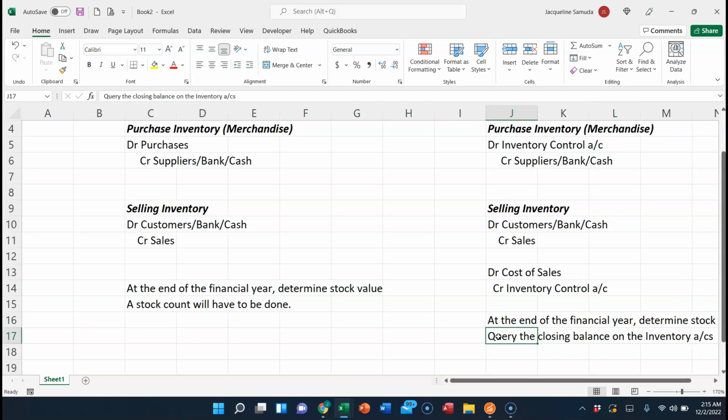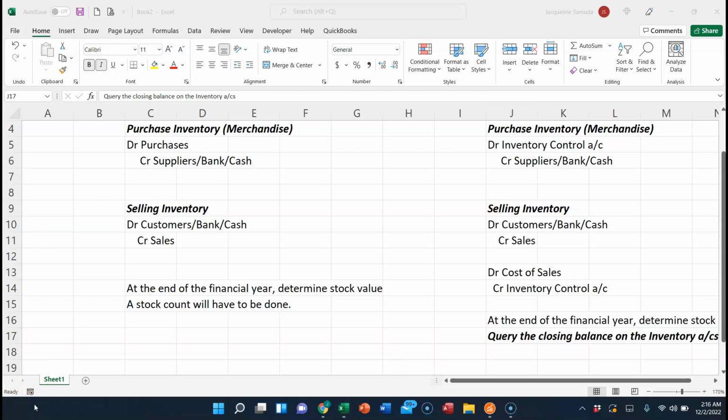So whether you need a stock valuation at the end of the year, the end of the month, today, or any arbitrary time, it is just a matter of querying the closing balance on the inventory account. Okay, great. So we're getting somewhere.